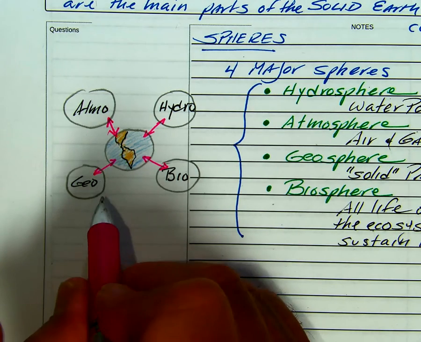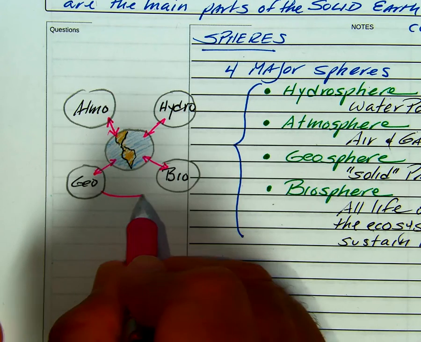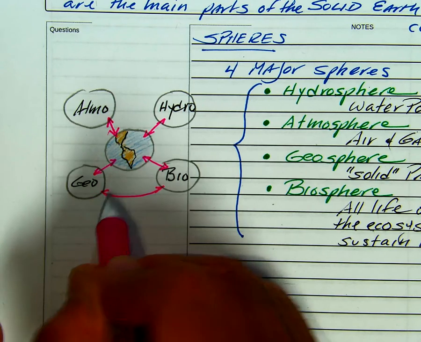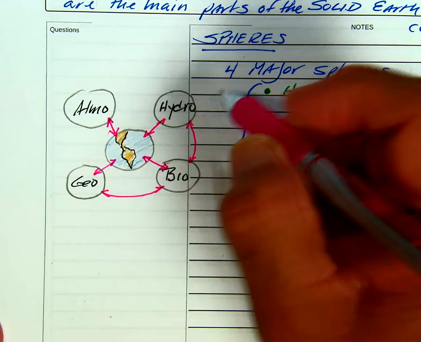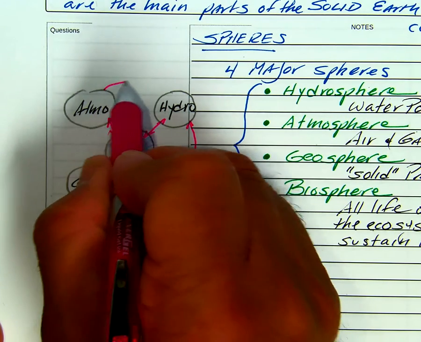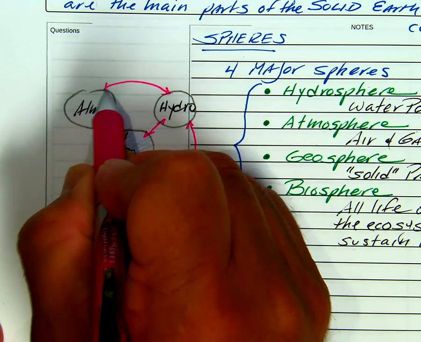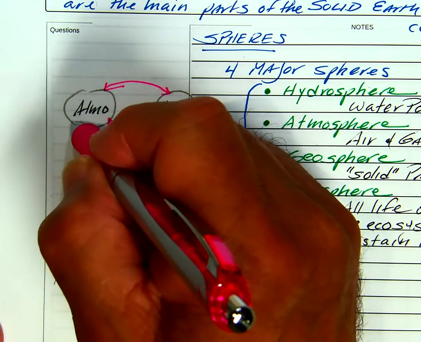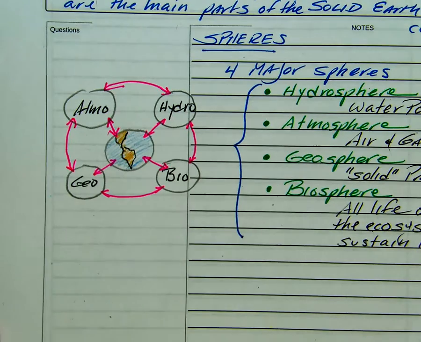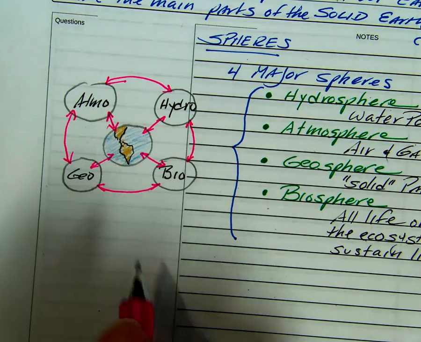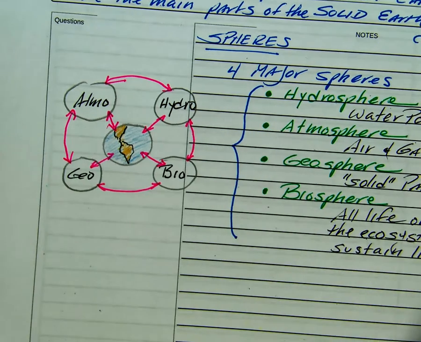But more important than that, you also need to understand that there's relationships between each. The geosphere and the biosphere interact with one another. So the biosphere and the hydrosphere, the atmosphere and the hydrosphere, the water and the air, and likewise the air and the solid earth. So you have that kind of relationship around as an integrated system.